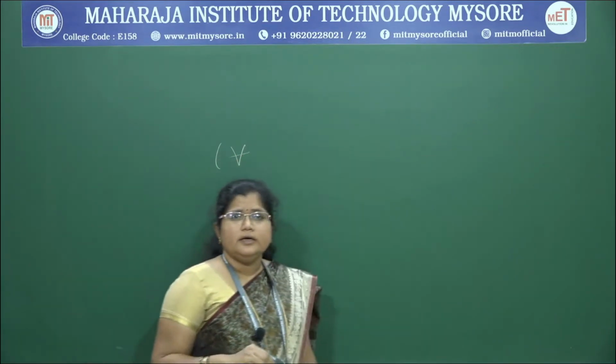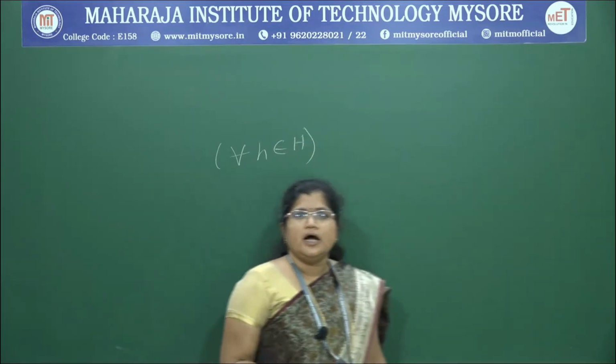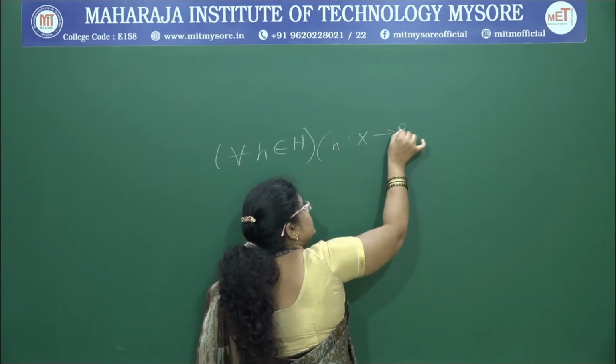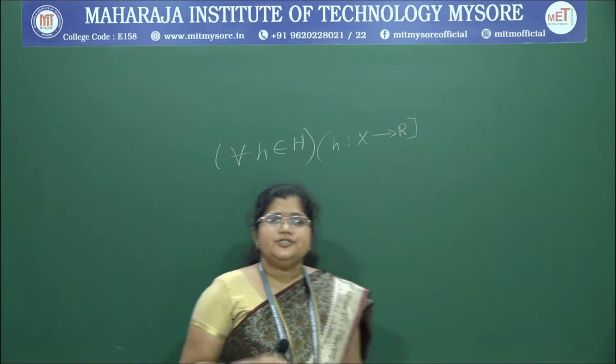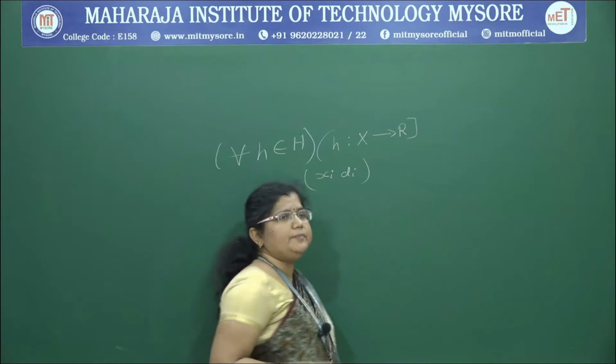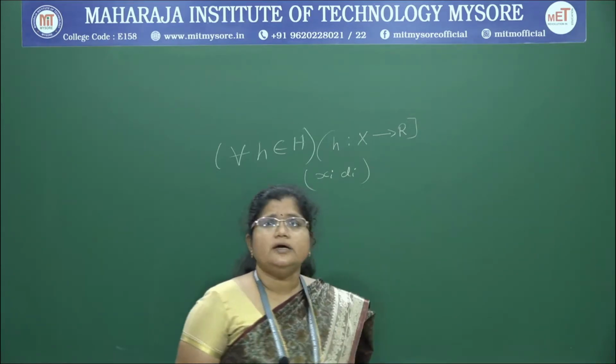Let us consider a few notations. Learner L is an algorithm that considers an instance space X and a hypothesis space H consisting of some class of real valued functions defined over X, for all hypotheses h belonging to H. A training example is of the form xi and di, where xi represents an instance and di is the target value for that training example.